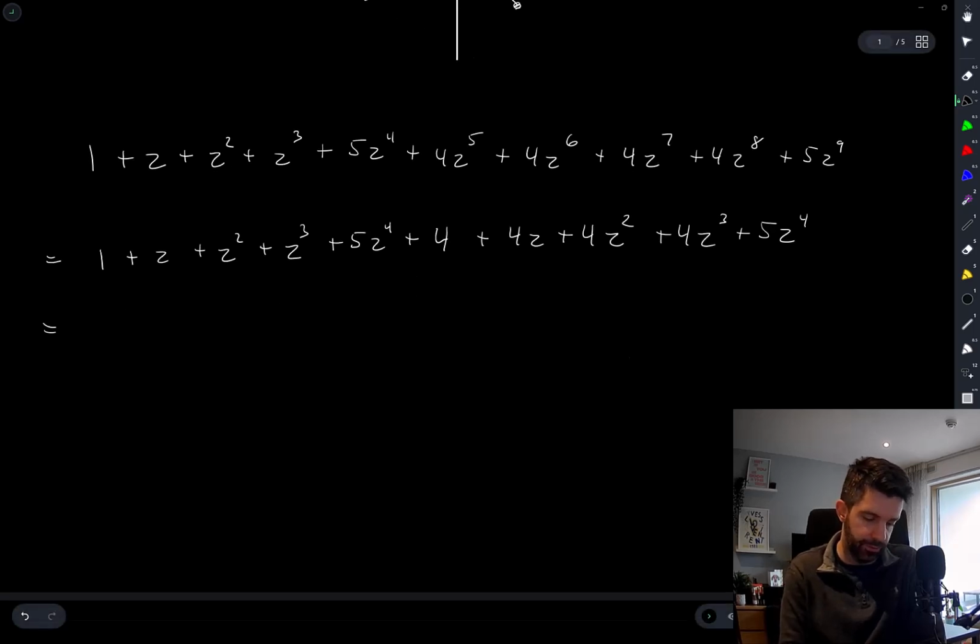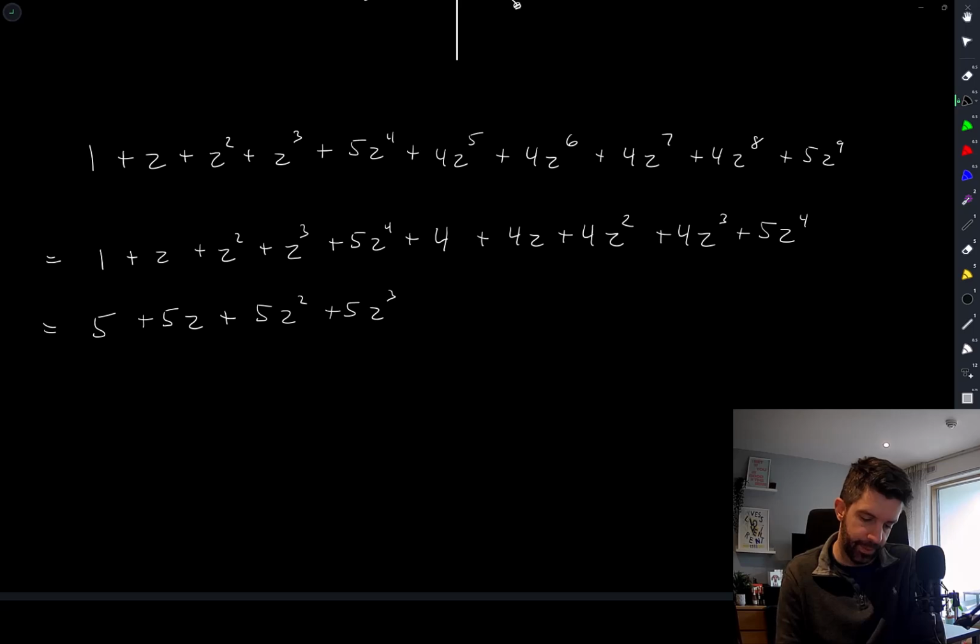Now we can group stuff together. 5 plus 5z. z squared has 5. z cubed has 5. I'm going to write this as 5z to the 4 plus another 5z to the 4.